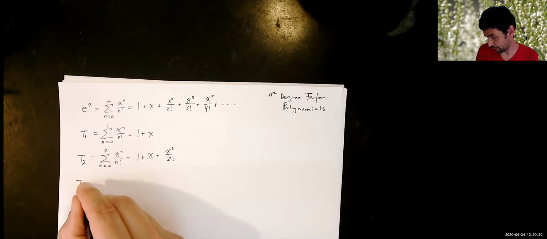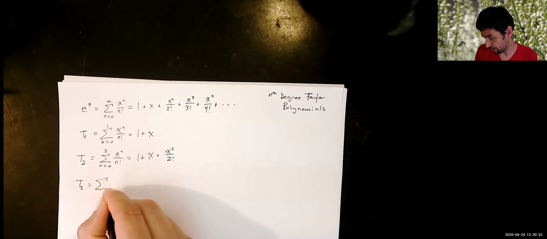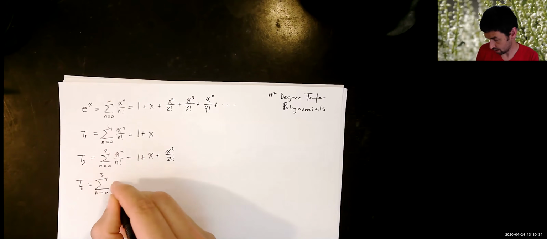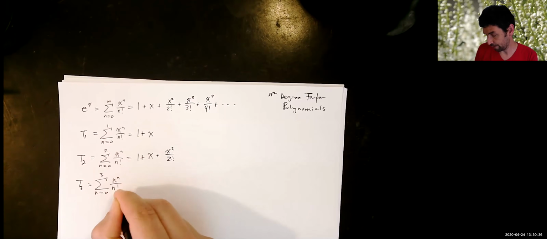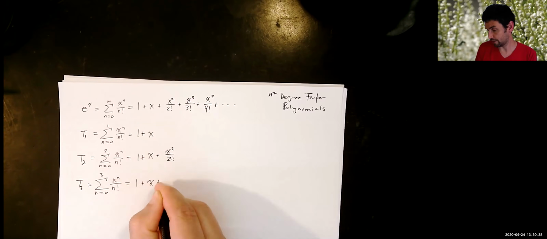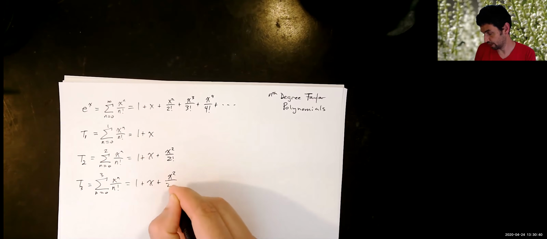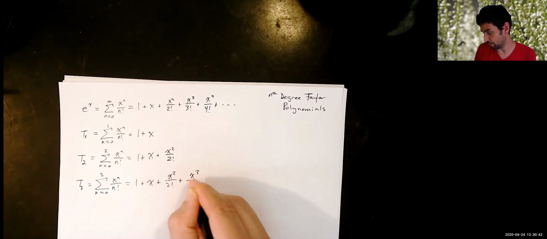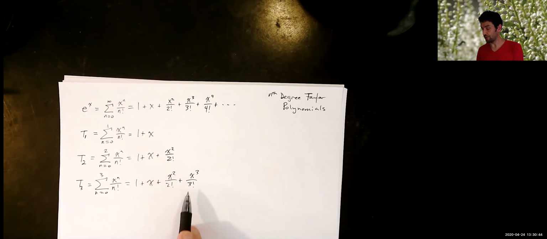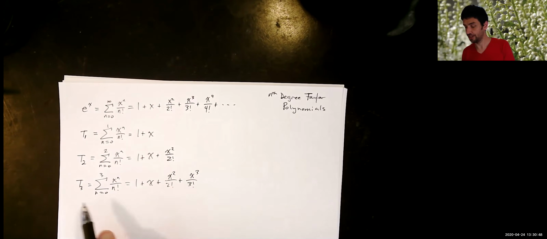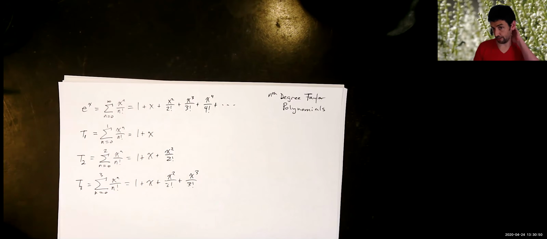Let's do one more and then go back to the graph with these in mind. x to the n over n factorial, 1 plus x squared over 2 factorial plus x cubed over 3 factorial. Our third degree, right? This is a cubic polynomial right here. It's our third degree Taylor approximation, our third degree Taylor polynomial.